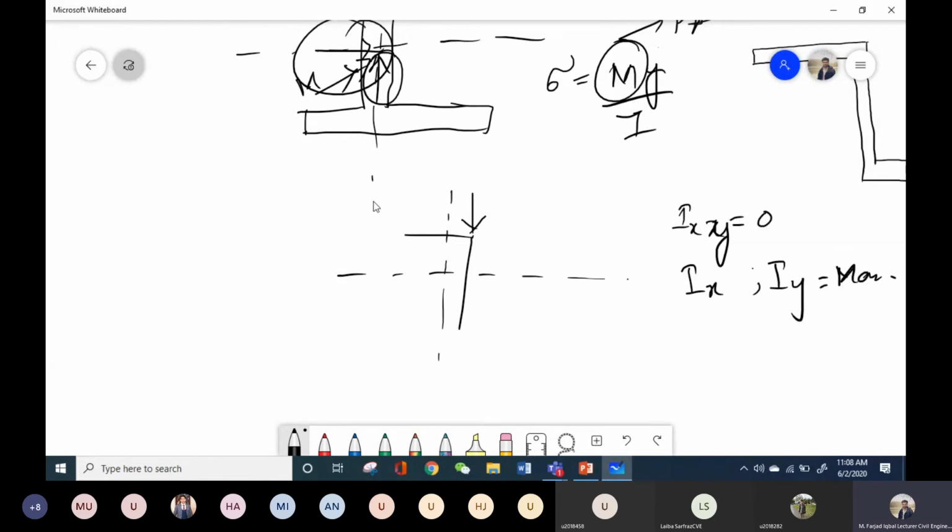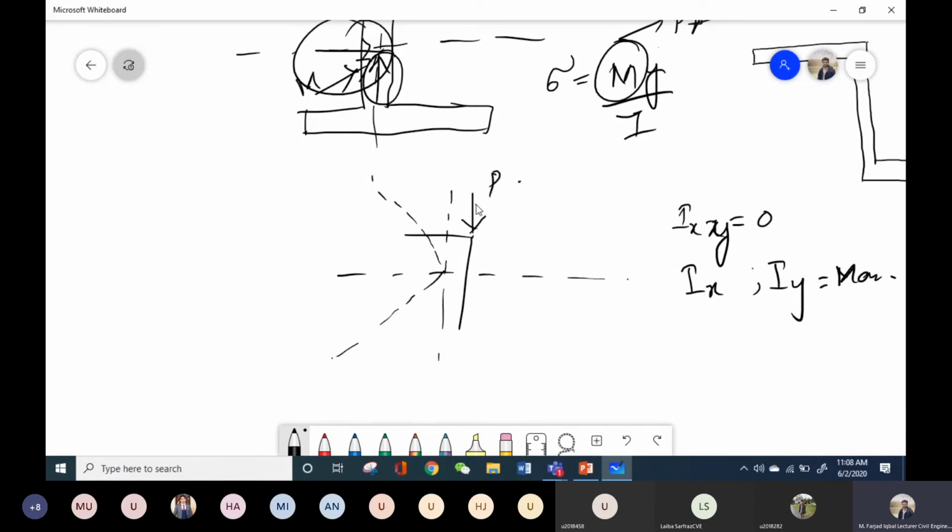So in the case of the L section, since it is not a symmetrical section, we may have the principal axis somewhere over here. But the methodology that we have to follow for this L section is the same as what we did in the case of the symmetrical section. What was that? If this is the applied load, again we will calculate the moment.